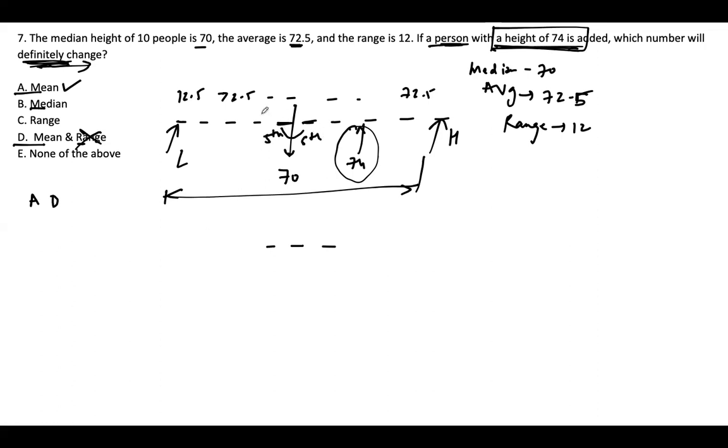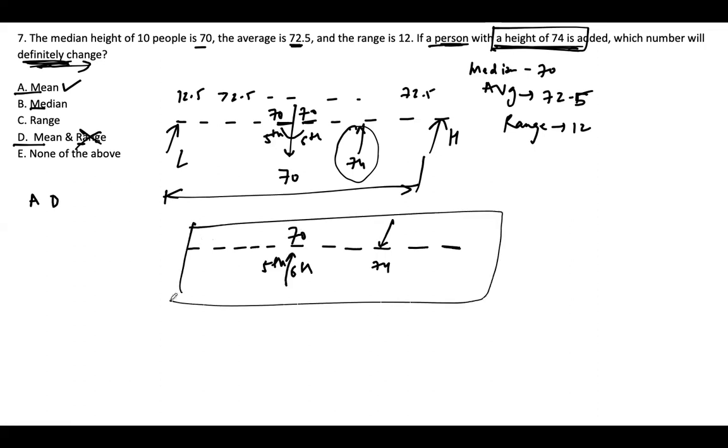For example, if I assume the fifth and sixth values are both 70, and you add a person who has a height of 74, you'll have a total of 11 values, but the sixth value still remains 70. So the median will not change.